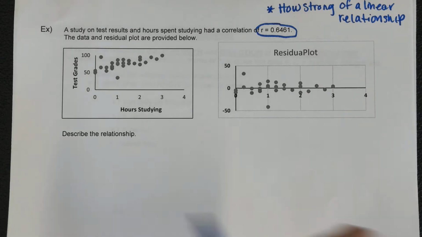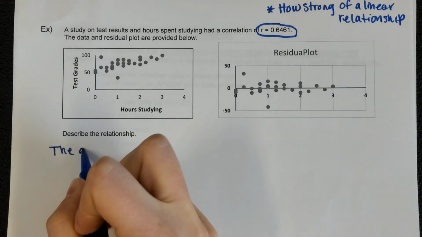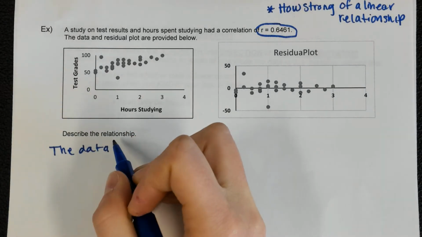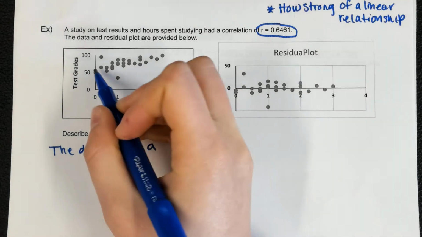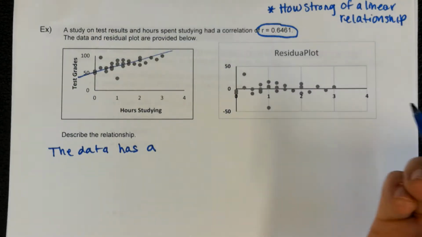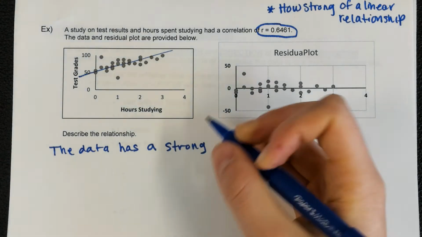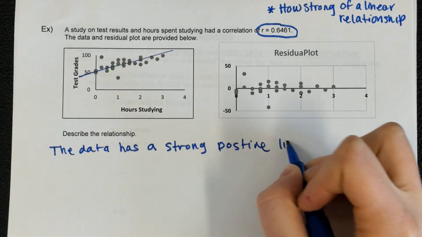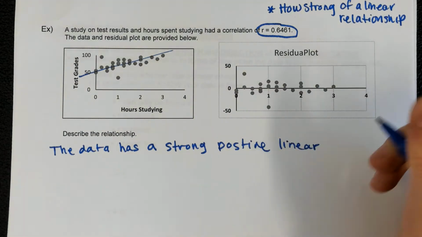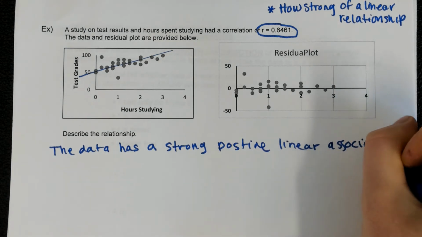So I would say that the data has, I'm going to say this looks pretty stinking linear if I draw a line through there. I'm going to say a strong, positive, linear, you can say association, a relationship, whatever, association.